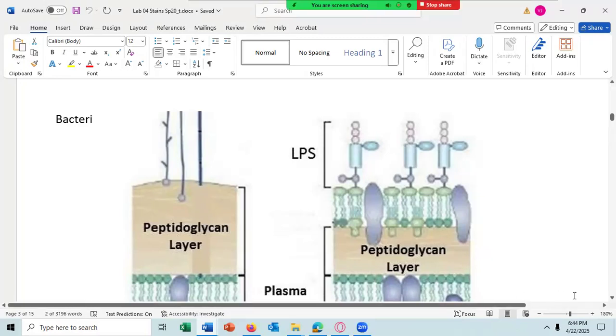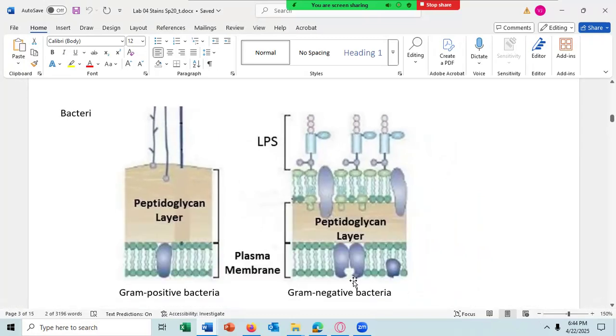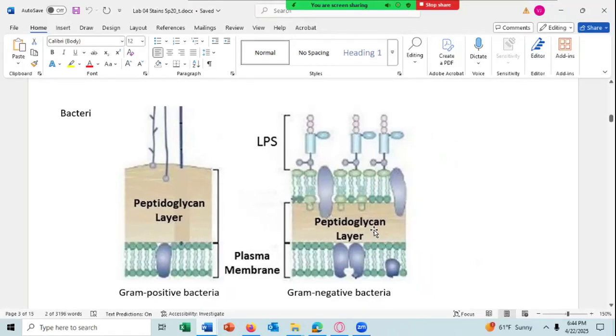The gram-negative cell wall, on the other hand, is fundamentally different. It does have the cell membrane being a lipid bilayer, phospholipid bilayer. It does have peptidoglycan, so there is a layer of peptidoglycan. And then outside that peptidoglycan, we have more lipids, as well as some carbohydrates. This is a thinner layer of peptidoglycan.